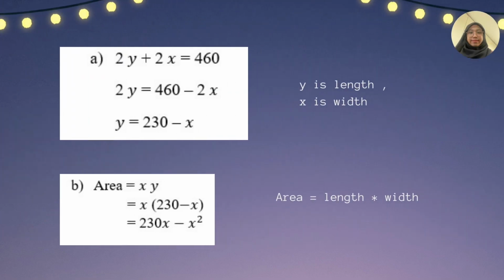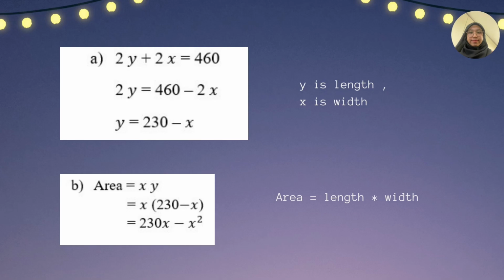For question A, we will assume that y is the length of the paddock and x is the width of the paddock. So we will create a formula which is 2y plus 2x equals 460, since both the length and the width have two sides each. After calculation, we got y equals 230 minus x.